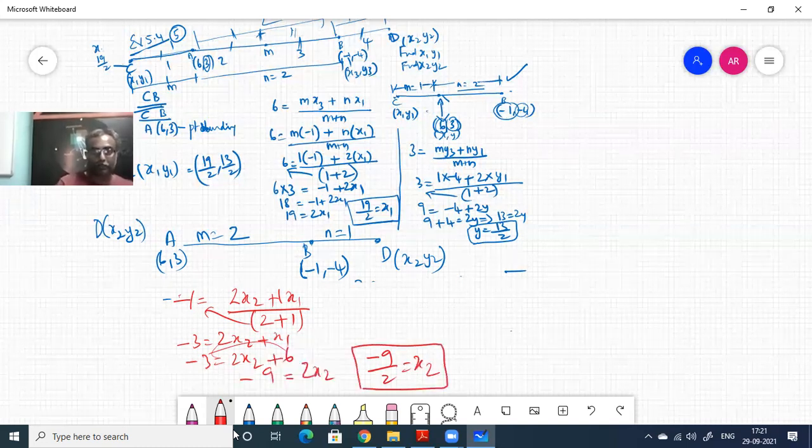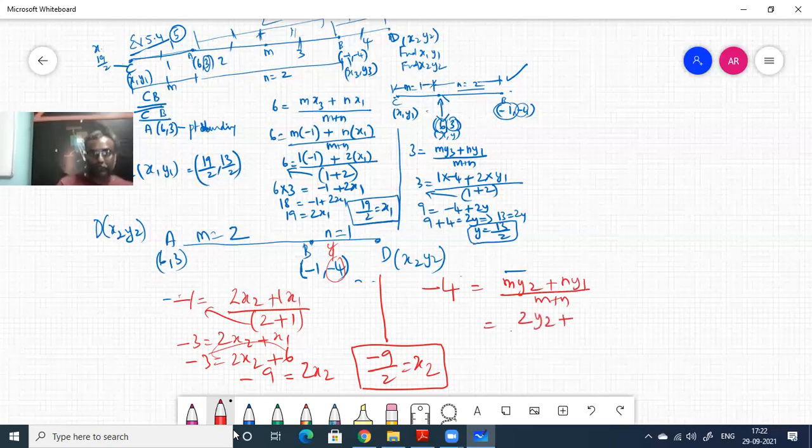Now what you have to do, you have to find for y. Minus 4 is equal to this one. No? This is y. Minus 4 is equal to m y2 plus n y1 divided by m plus n. That is equal to m is 2, 2 and y2 we don't know.